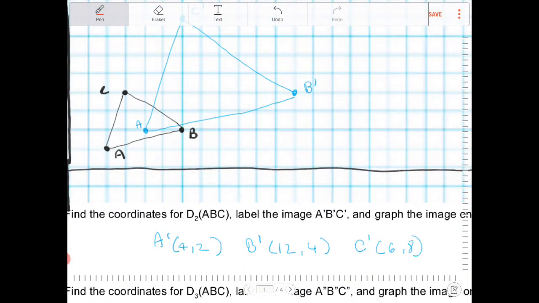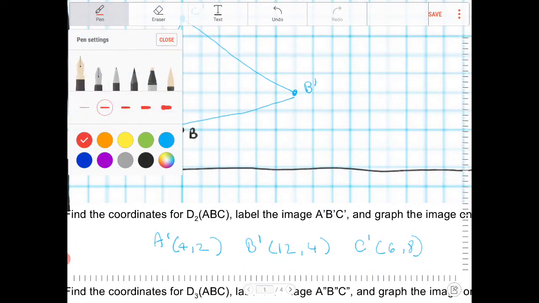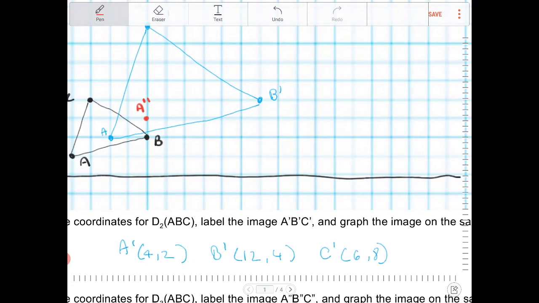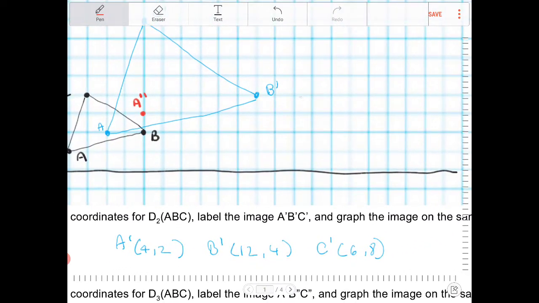Okay, and I'm going to make this a little thicker. So then A double prime and B double prime will be over here. So I'm going to go another 2, 4, 6, and 2 up. So I'm going to be over here, B double prime. And then if I plot this out, I will end up over here.